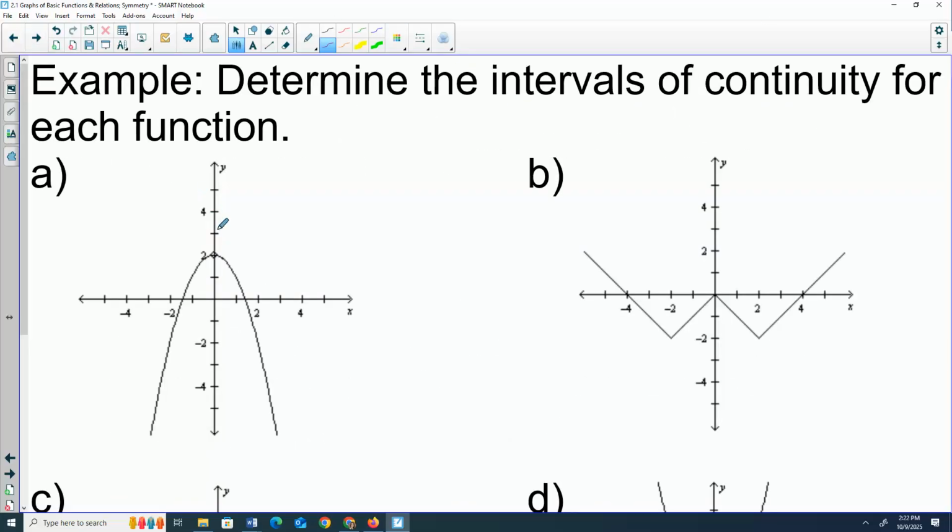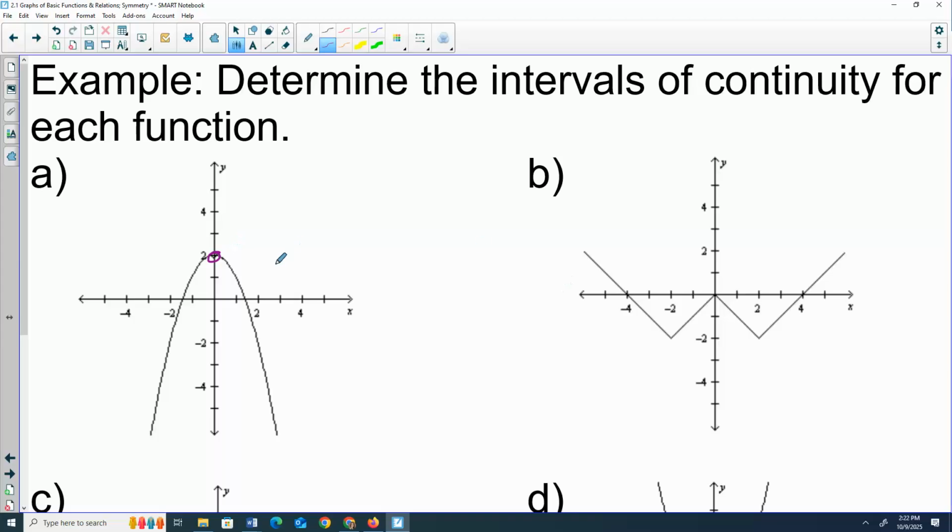So let's look at these graphs, and we're going to tell where they're continuous. The first one, I do apologize, it's kind of hard to tell there. There is an open circle right here. The tick mark for the 2 kind of filled that in. So that is an open circle. So is this graph continuous everywhere? I would have to pick up my pencil to jump over that open circle piece, right?